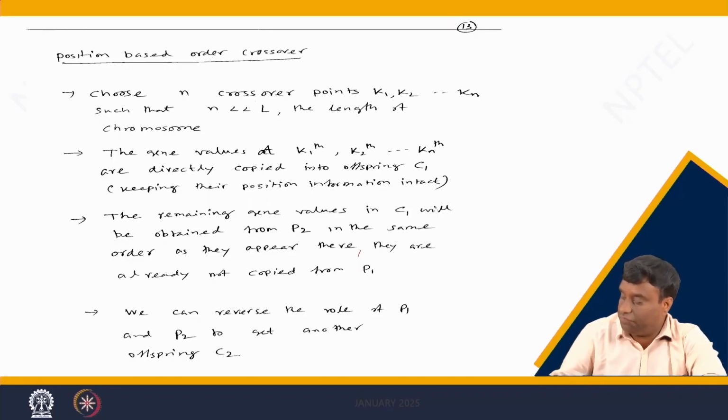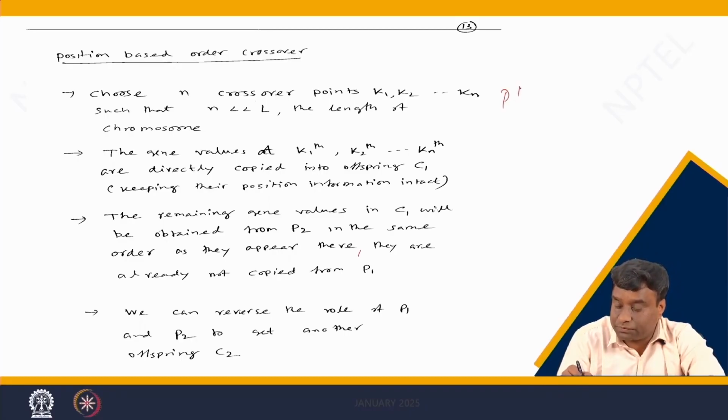Here, if we write P1 as 1, 2, 3, 4, 5, 6, 7, 8, and P2 as 5, 6, 7, 8, 1, 2, 3, 4, then that is offspring 1.